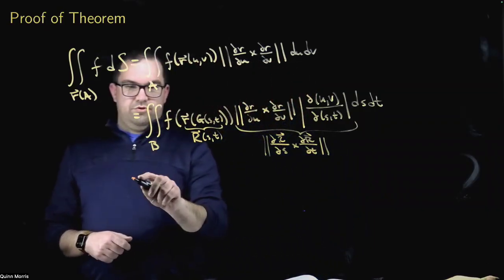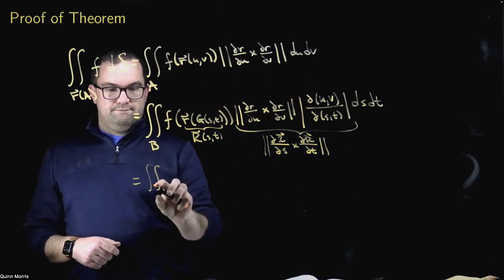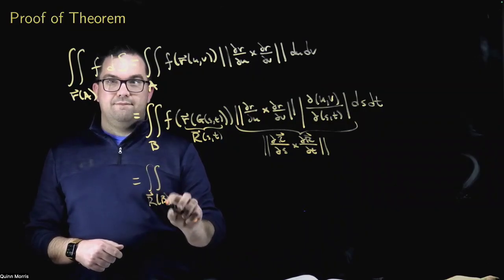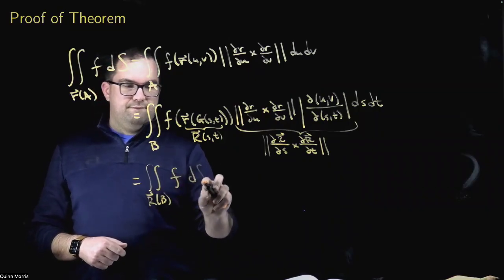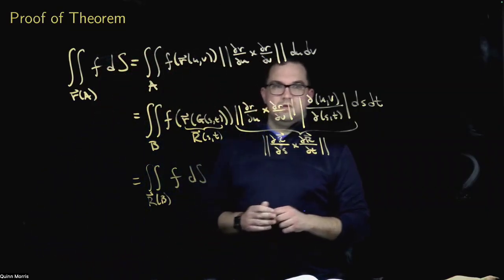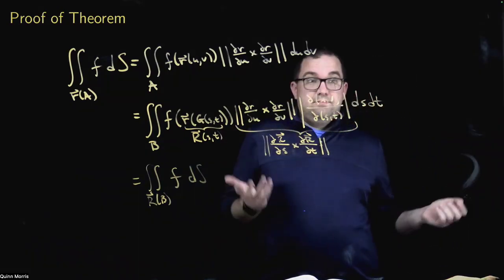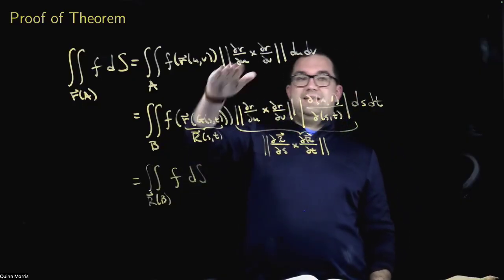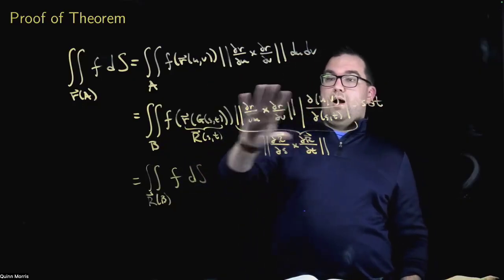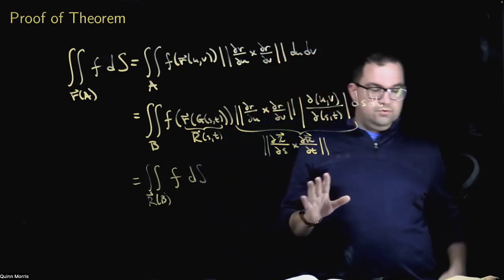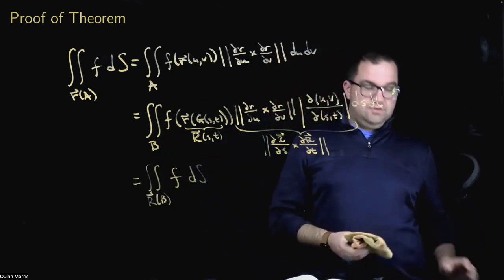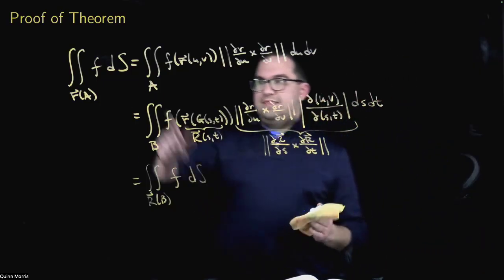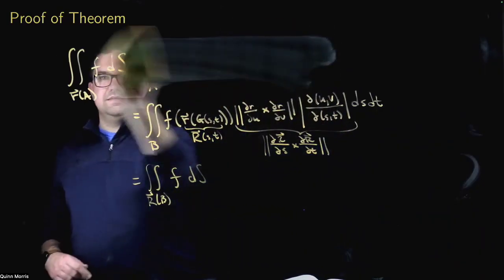And so this whole thing actually is just the integral over capital R of B of f ds. Okay. So it turns out that it doesn't matter what parameterization we choose. By properties, well, really by the definition of the surface integral and then properties of change of variables of double integrals, we'll actually be able to get back to see that if one of the integrals exists, the other must exist, and they must have the same value when they exist.